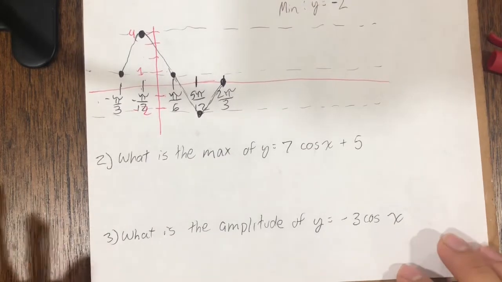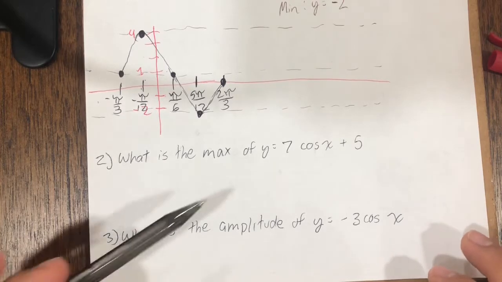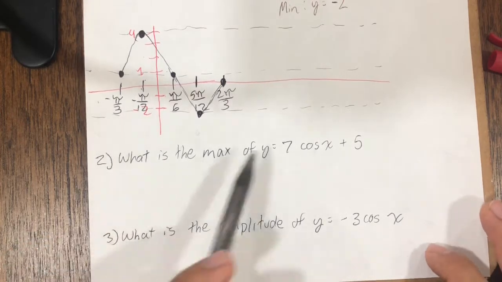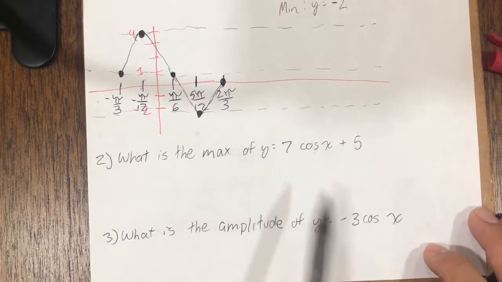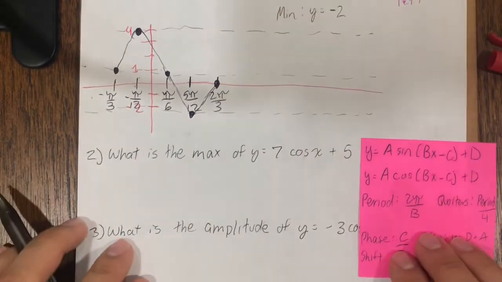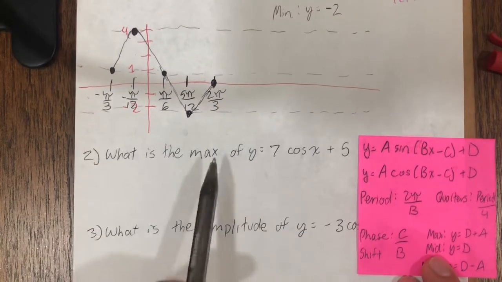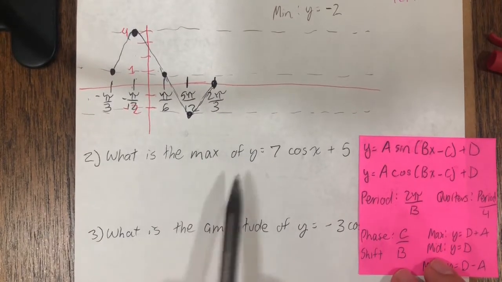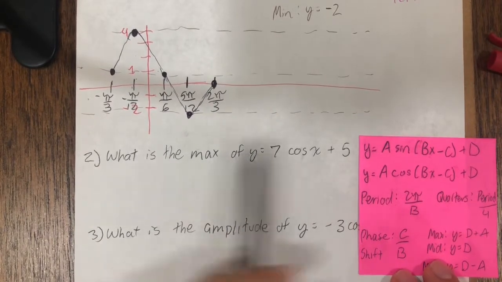Like number 2, where we got to figure out what is the max for this specific function. All right. So if we take a look, we got to figure out what is going to be the maximum y values for this specific function.